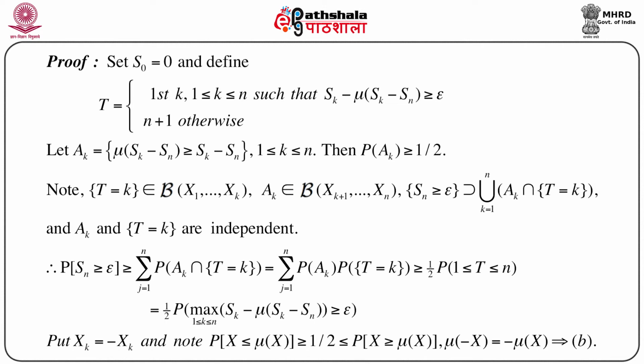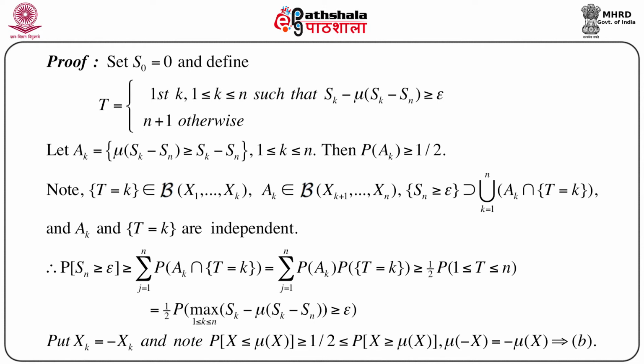Now what is T? What is this event, the probability 1 less than or equal to T less than or equal to n? This is nothing but the probability of the maximum over 1 less than or equal to k less than or equal to n of Sk minus mu of (Sk minus Sn) greater than or equal to epsilon. This is by the definition of T. The way we defined T immediately gives us this inequality.